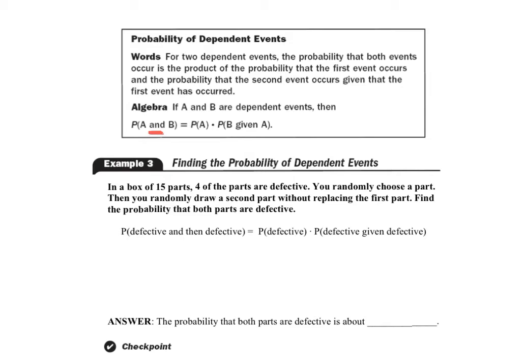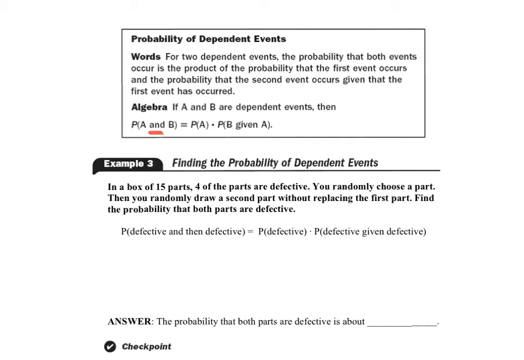But now, because these are dependent, you're going to find the probability of event A, but then you have to find the probability of event B given that A happened, meaning assuming that A happened, because in order for them both to happen, obviously A has to happen. And so the probability of B is going to be affected by A. I think through an example you might understand this a little better.